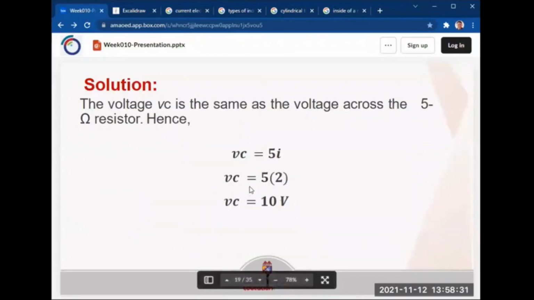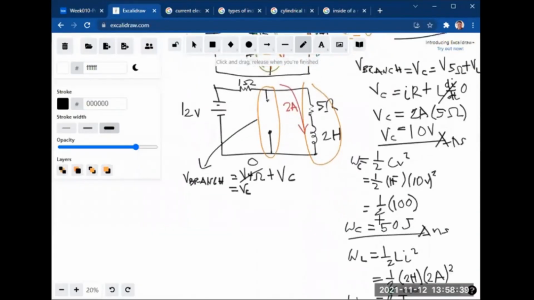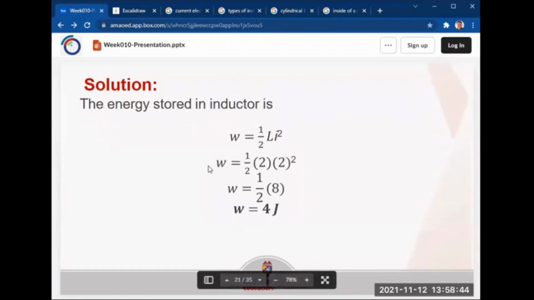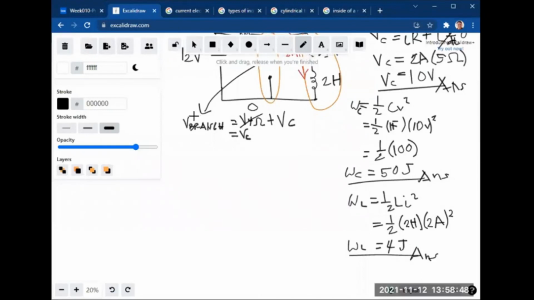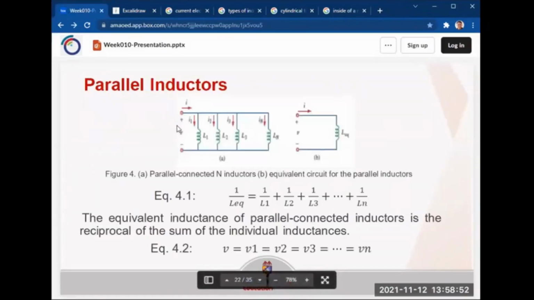Okay? All right. Going well so far. Energy stored in the capacitor, 50 joules. Okay? Nice. Lastly, energy stored in the inductor, 4 joules. All right. So we got everything correct so far.